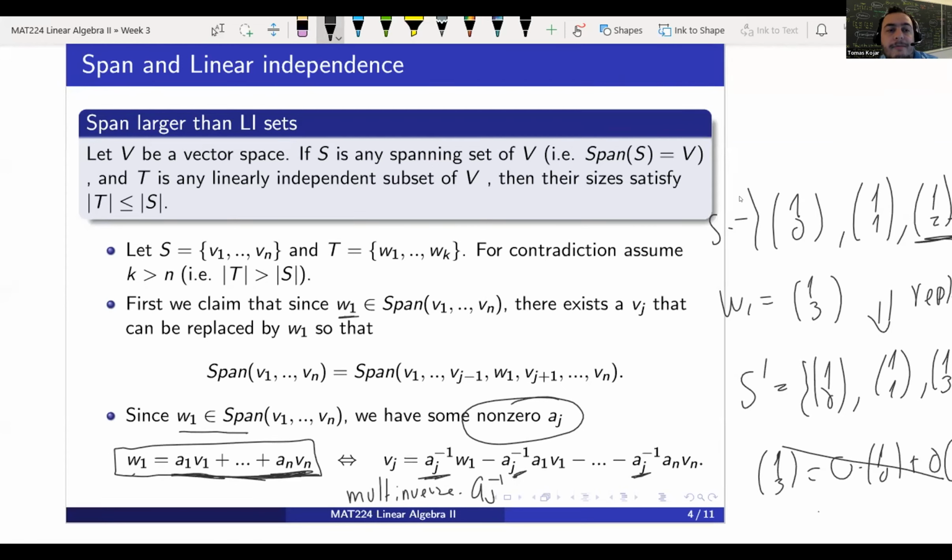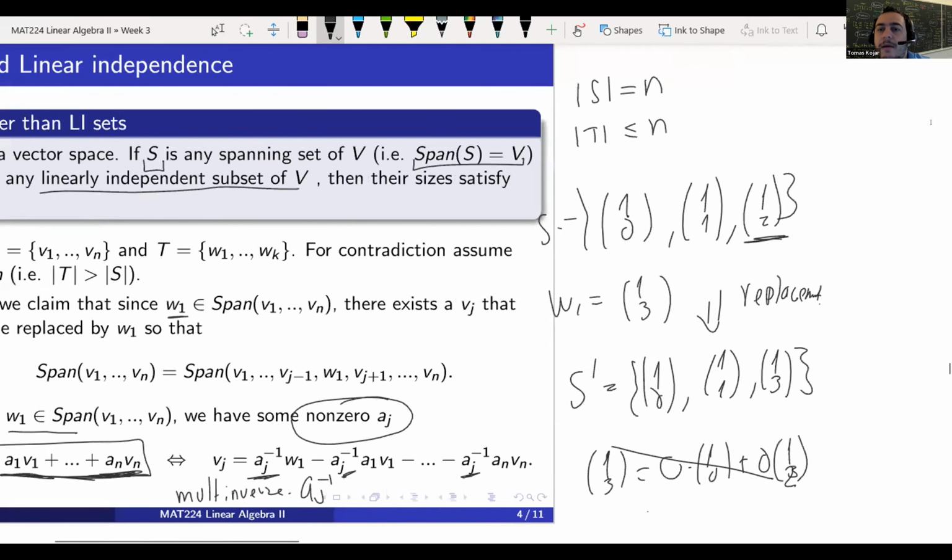If you have a vector space V and you have some S so that its span is the whole set, and suppose the size of S is some big number N, then if you give me any other linearly independent subset T of V, then the size of T will be at most N. Just to note, we might have that the span of T is not equal to V, even though the span of S is V.